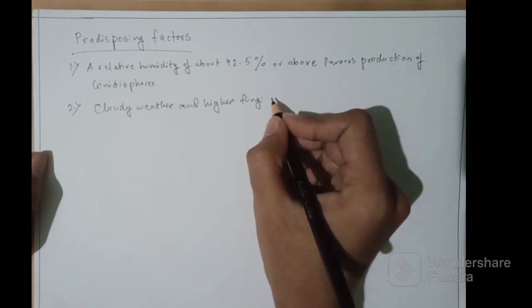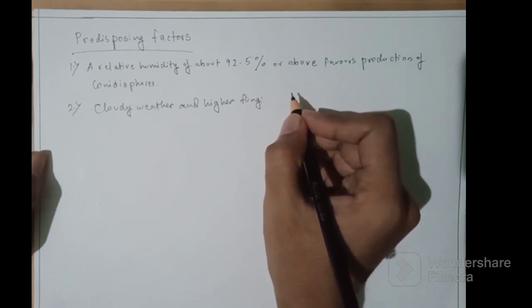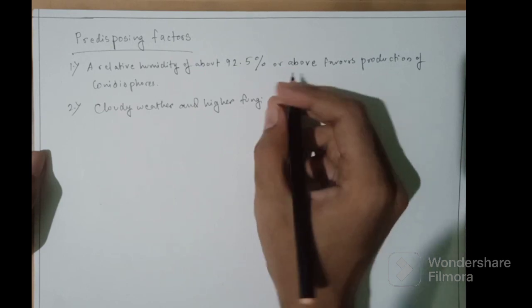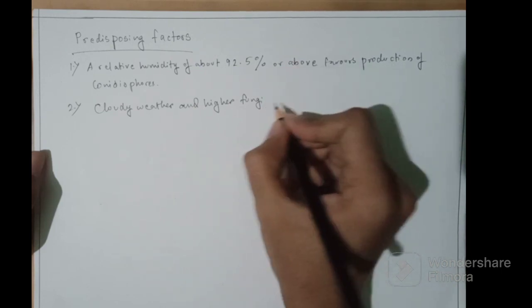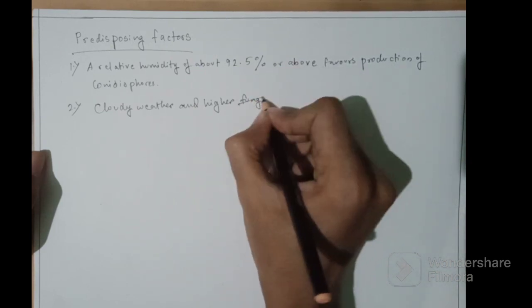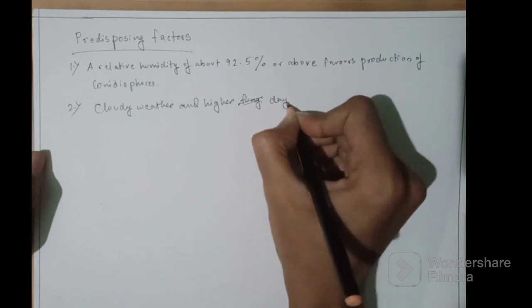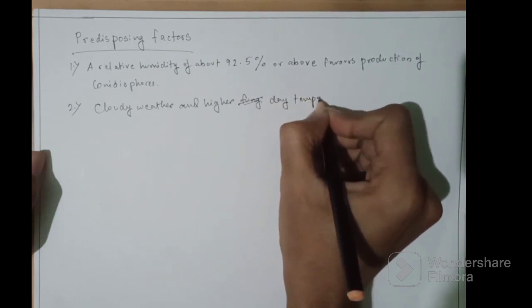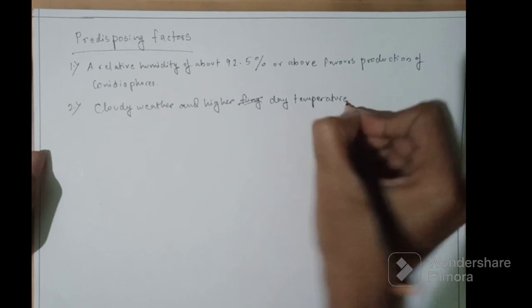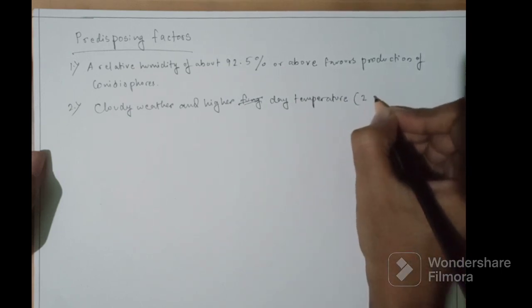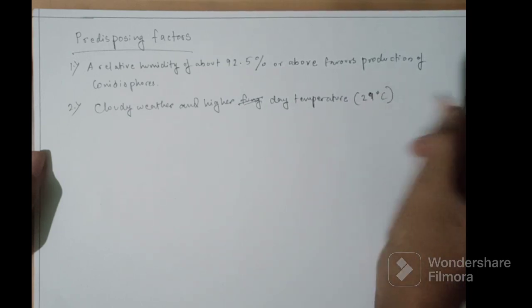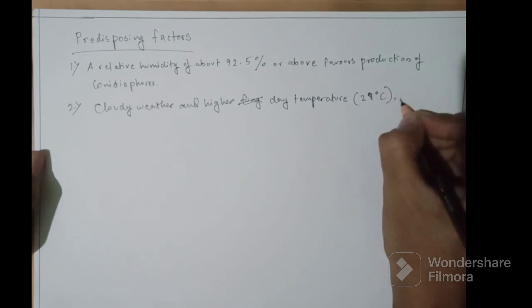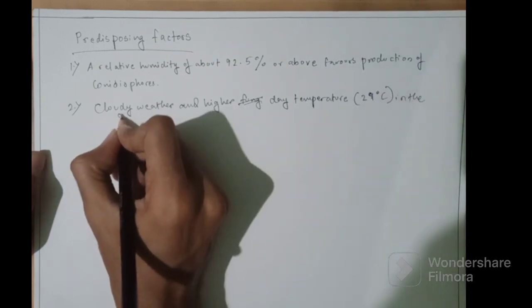Not a very scorching sunlight, but a warmth and humid condition to grow, and higher day temperature. So both of these are required. Around 29 degrees Celsius in the growing season.